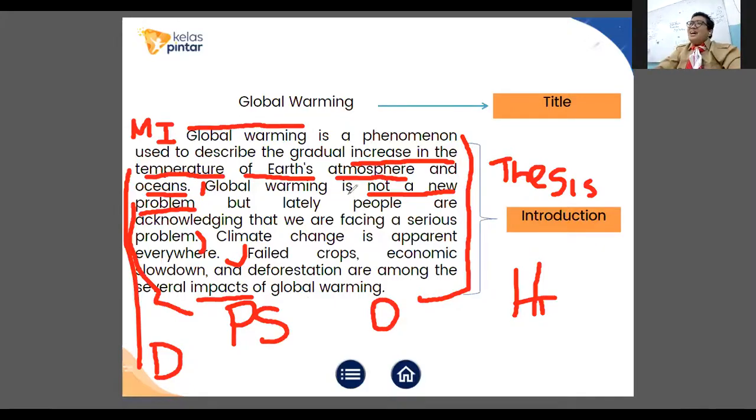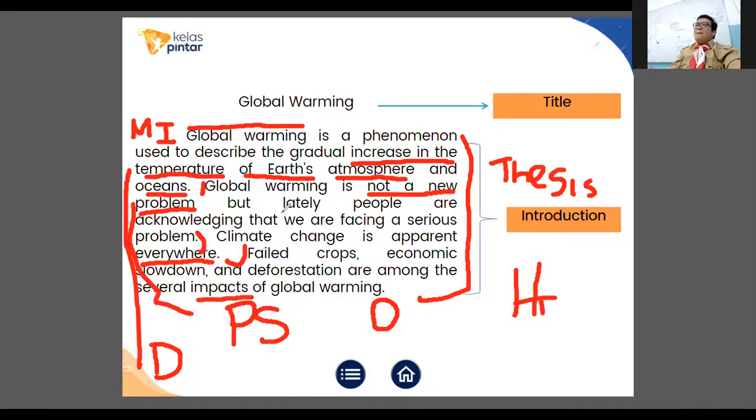Nah, kan kita nggak tahu berapa persen penurunan ekonominya, ya, berapa persen kegagalan panen, ya, and what does it mean by everywhere? Apa yang dia maksud dari everywhere? Okay, that's why it still need more supporting ideas.